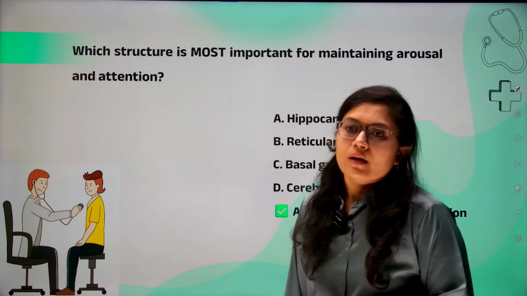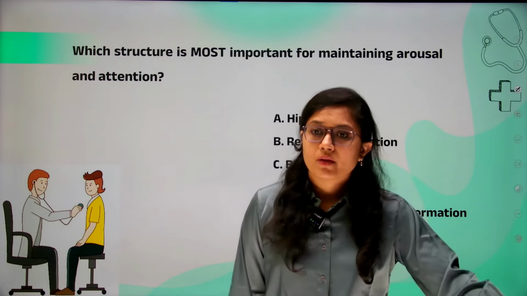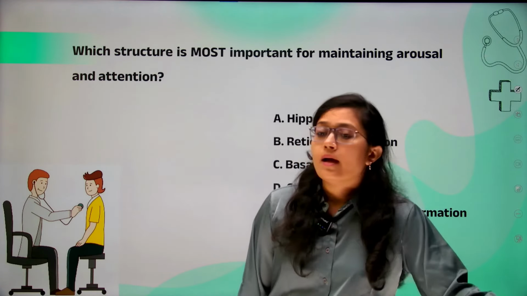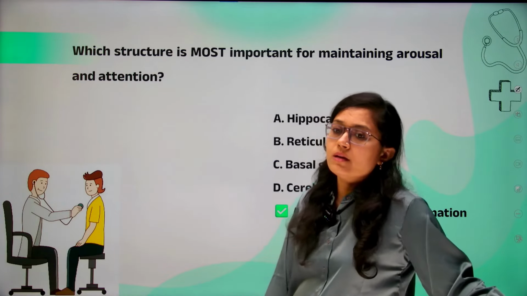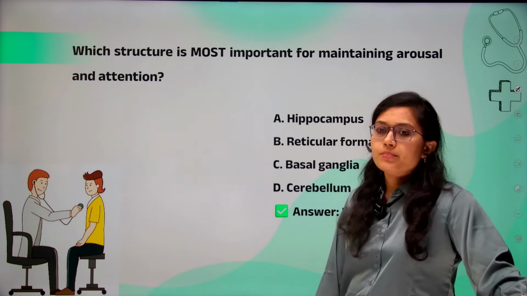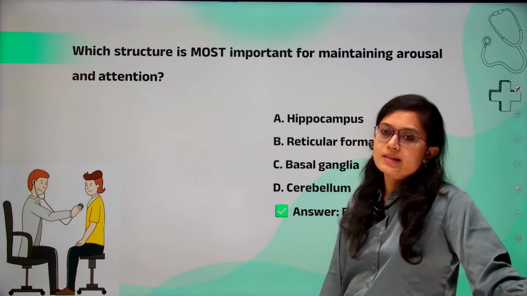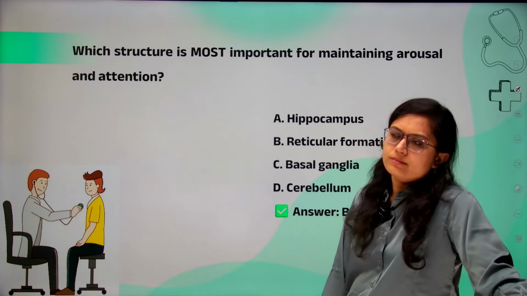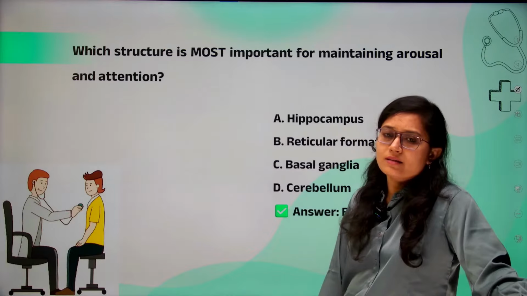Okay. Now the question. Which structure is most important for maintaining arousal and attention? Is the answer hippocampus, reticular formation, basal ganglia or cerebellum? I just told this right now. It is immediate memory.